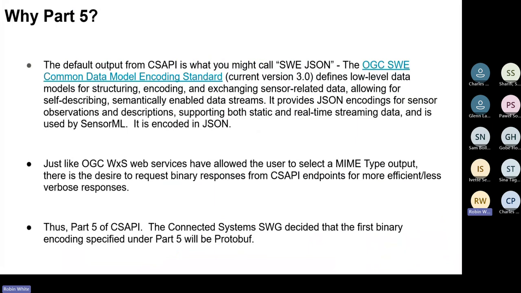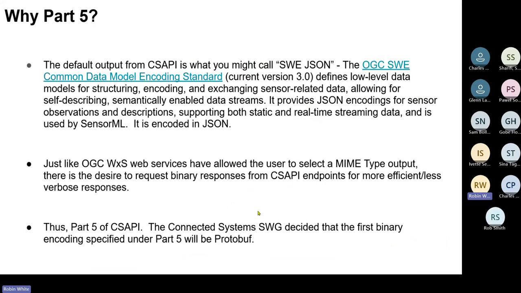The larger the network of sensors that you are connecting to, the higher the upkeep and the more throughput. When you're using the binary encoding abilities available within Connected Systems, you can shave a lot of the overhead off.